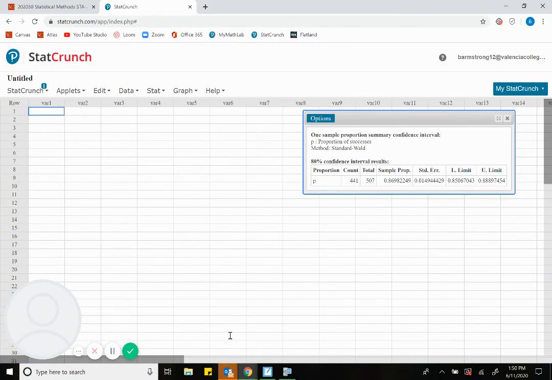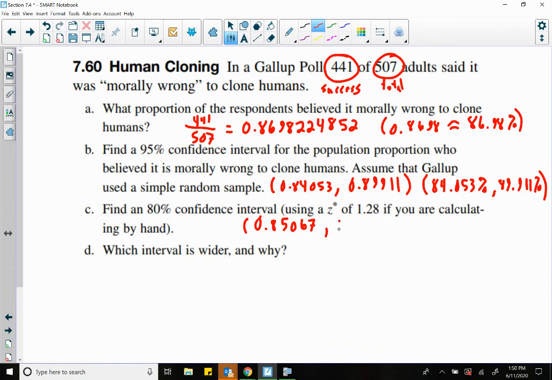And then the other one is 0.88897. So again, as percentages, that'd be 85.067% and this would be 88.897%.